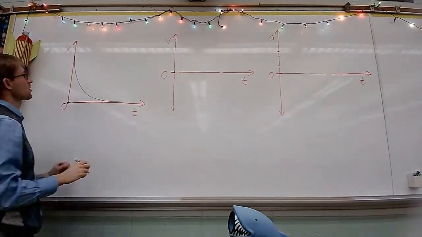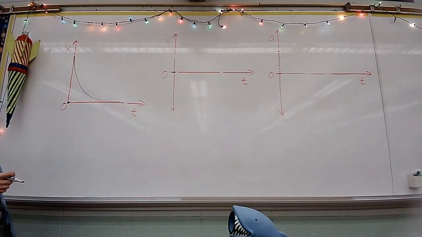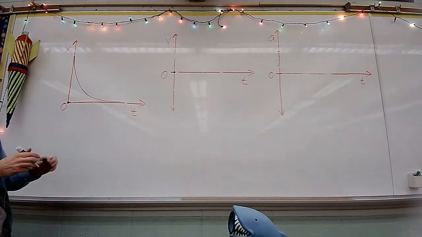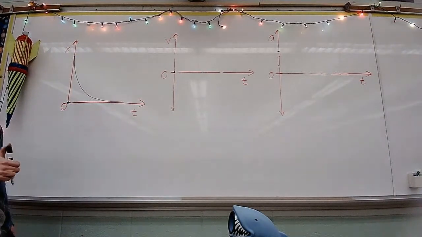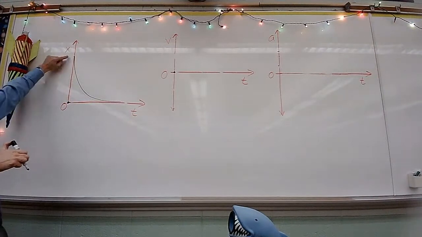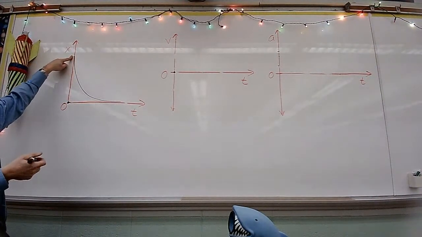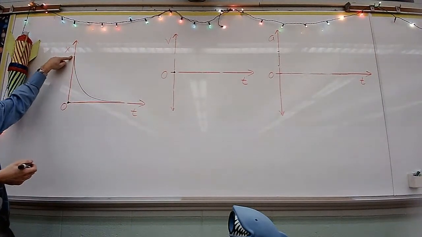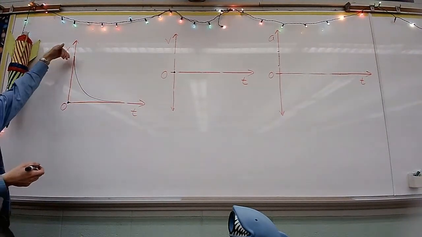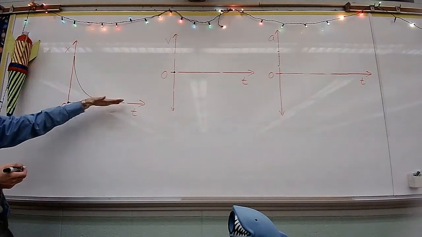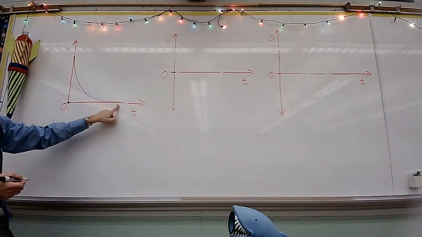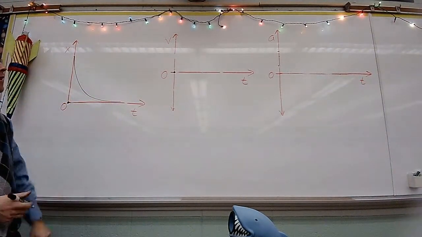So maybe it would look something like this. So once again, we begin with a big negative slope because the shark began with a big negative velocity. As time went on, the shark's velocity decreased, which is why our slope is decreasing, ultimately reaching a slope of 0 because the shark ended at rest.